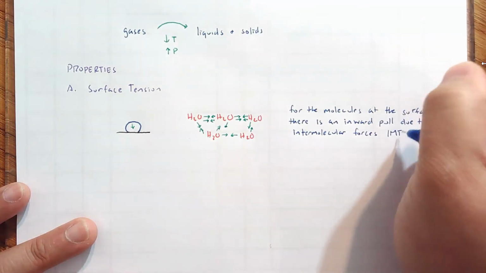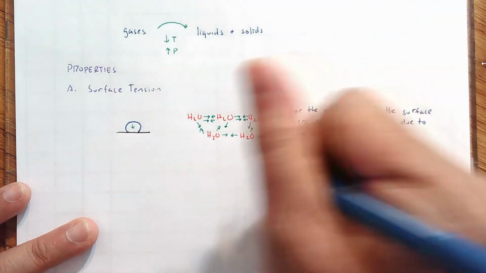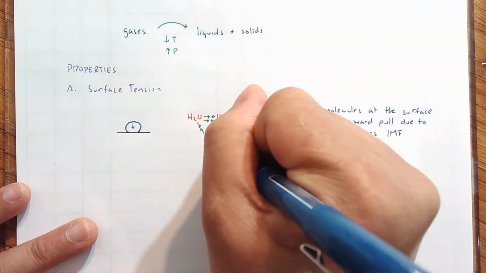We know that as IMF, and the main one is hydrogen bonding for water.